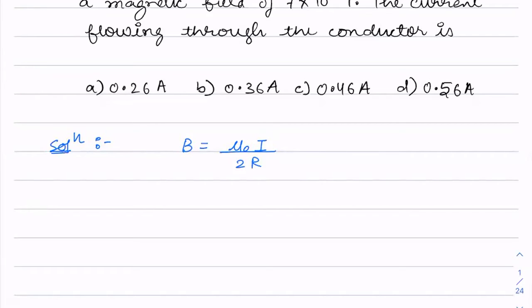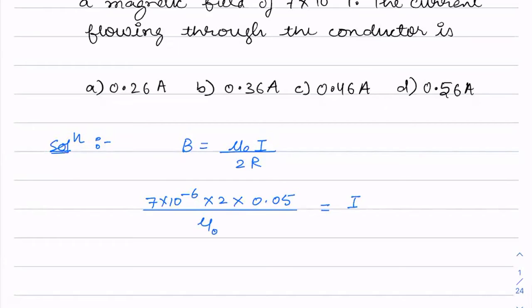Now, what is the current value? B value they have given me is 7 into 10 power minus 6. So 7 into 10 power minus 6 into 2 into the radius, 5 centimeters, which I will write as 0.05, divided by mu naught. And this is the current value.